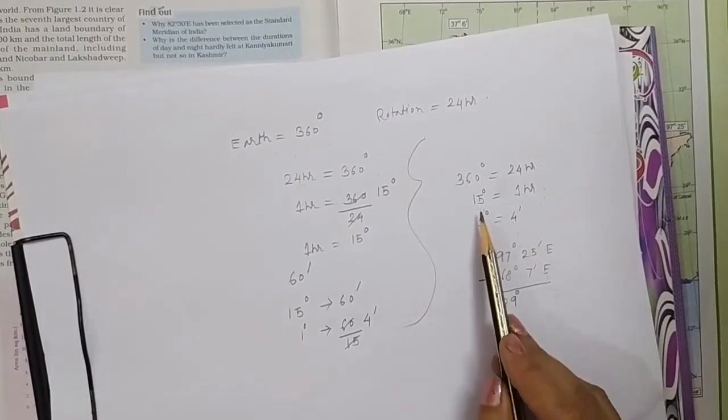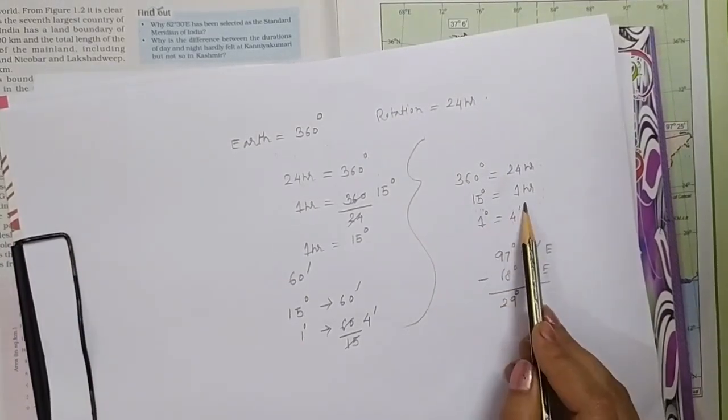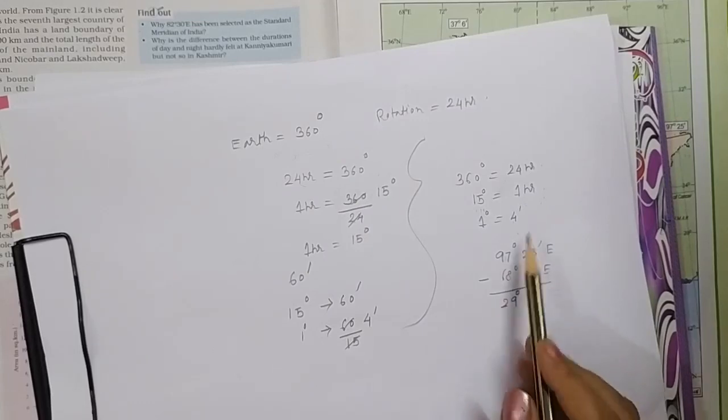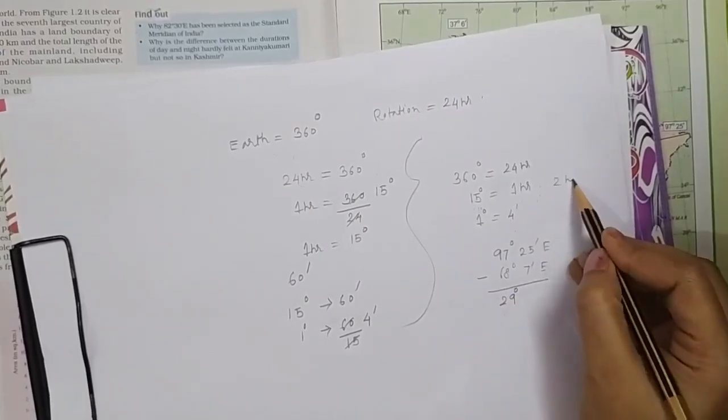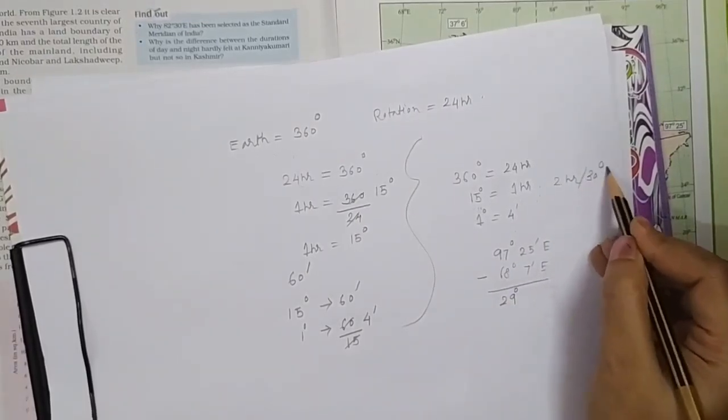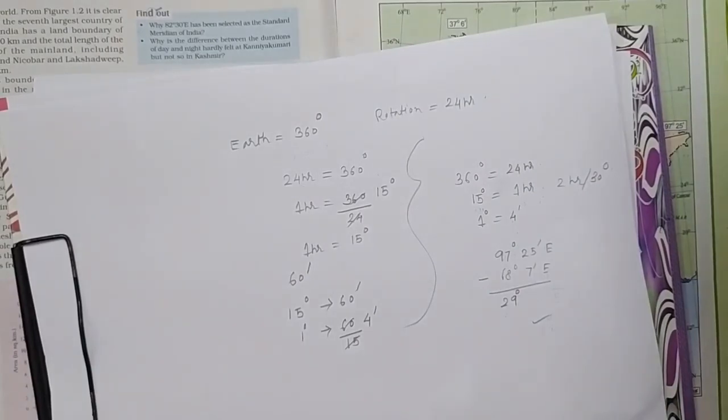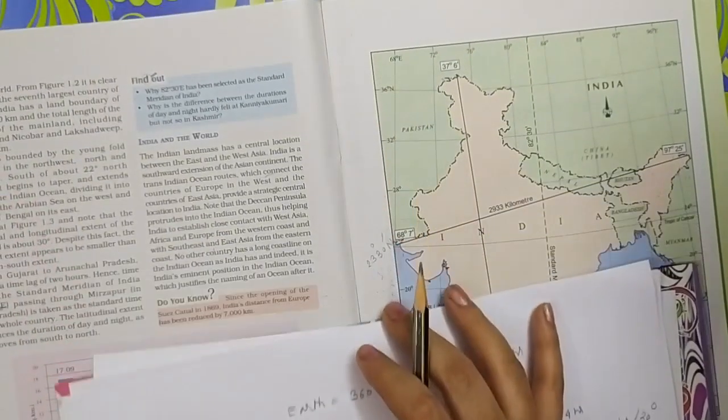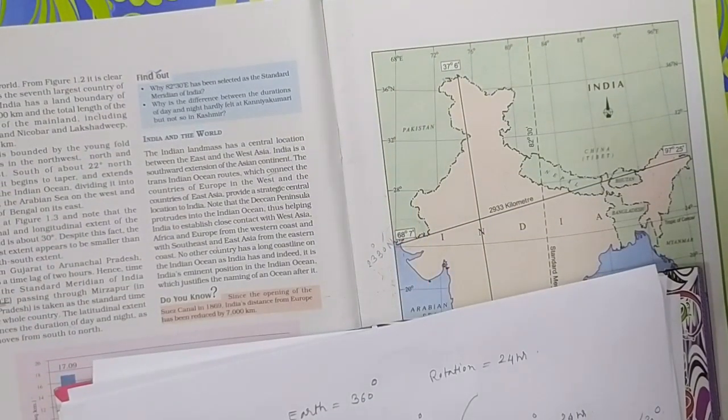For every 15 degree, time should be 1 hour, so for 30 degree, time should be 2 hours. So the time lag should be 2 hours from Gujarat to Arunachal Pradesh.